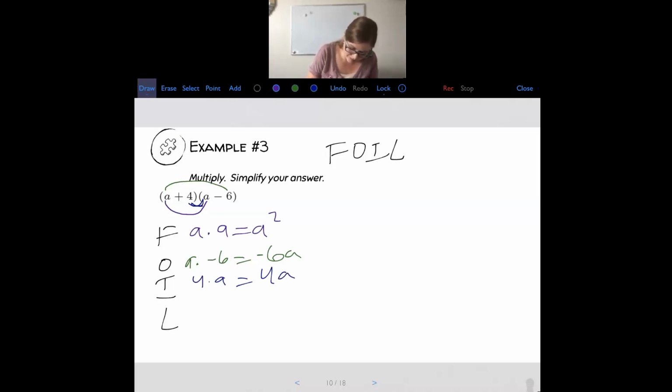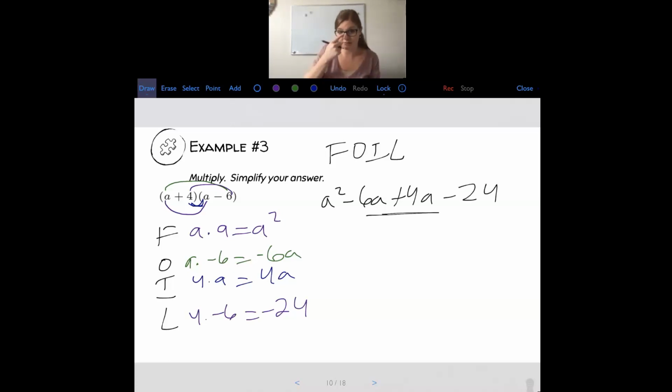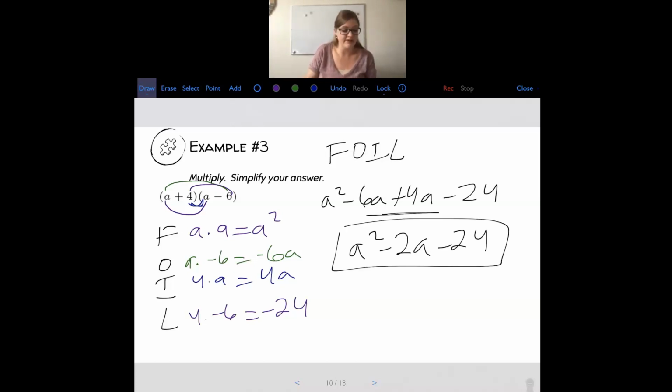And the last terms in each, 4 times negative 6 is negative 24. And then you would add these all together and combine like terms. So this would be a squared minus 6a plus 4a minus 24. Negative 6a plus 4a gives us negative 2a. So here is our final answer.